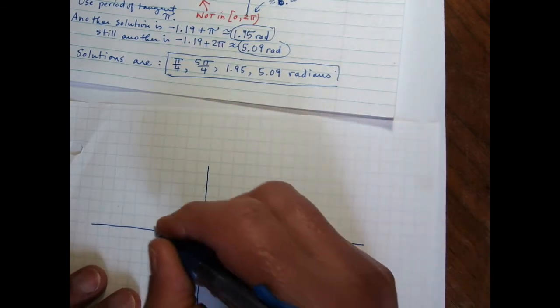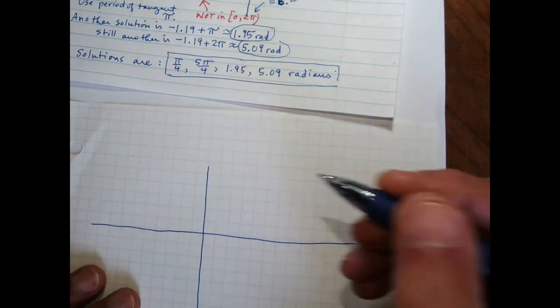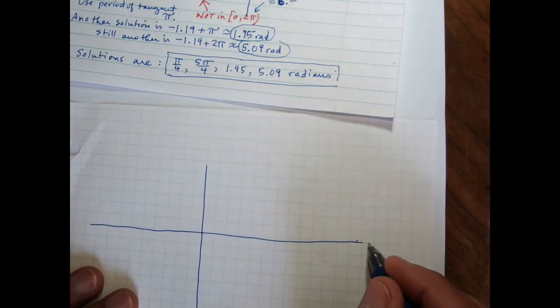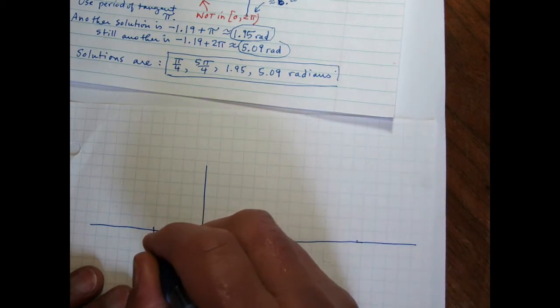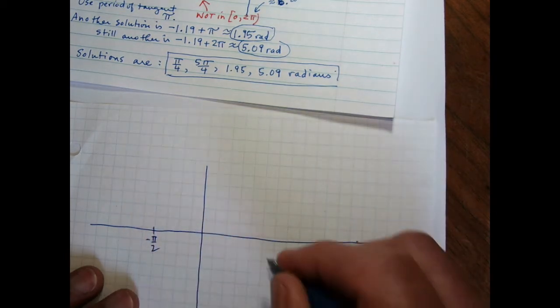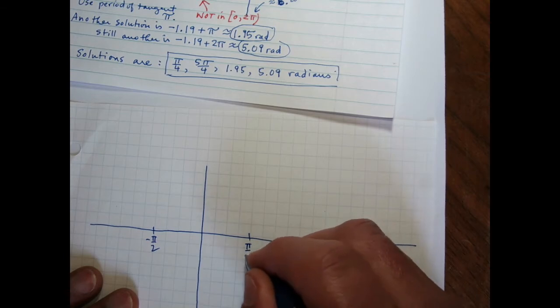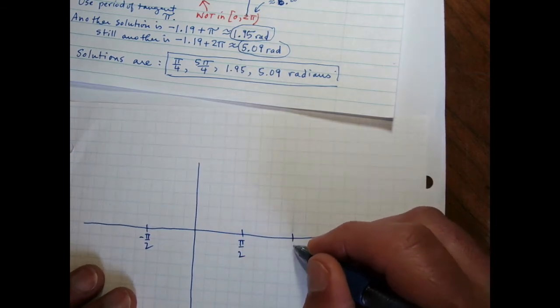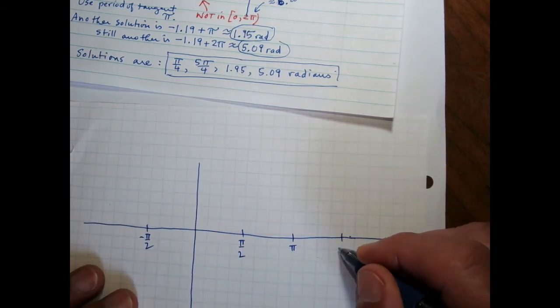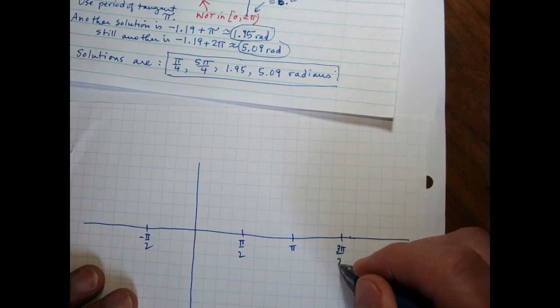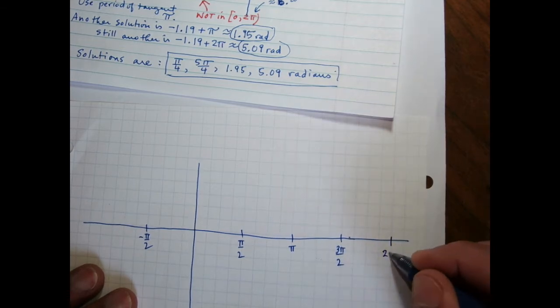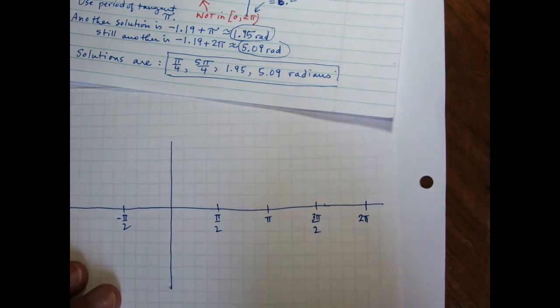And let's see, I'm going to be able to fit enough onto this picture. Let's say negative pi over 2, pi over 2, pi, 3 pi over 2, 2 pi. I just want to be able to fit out to 2 pi.